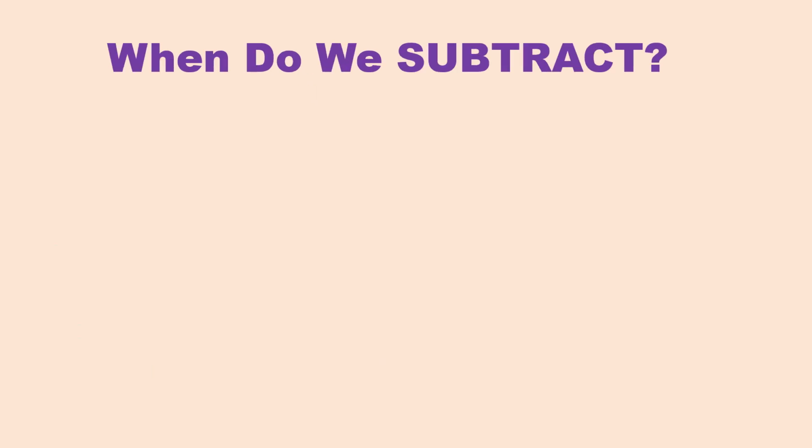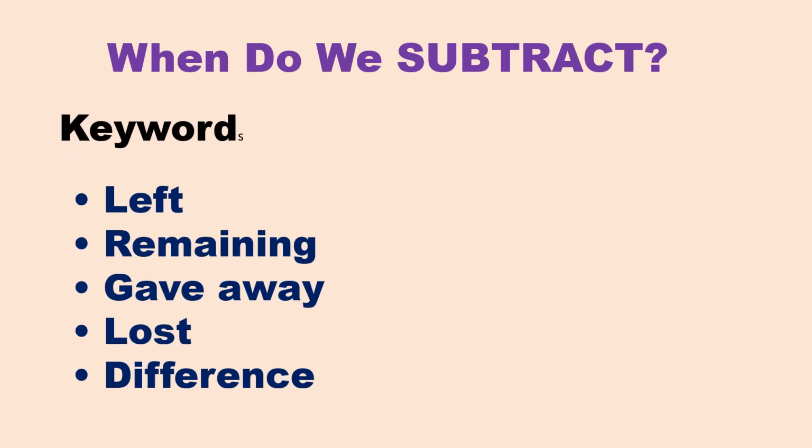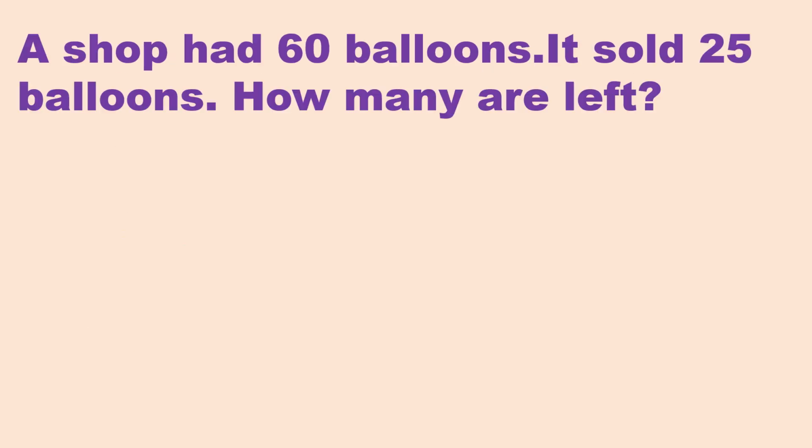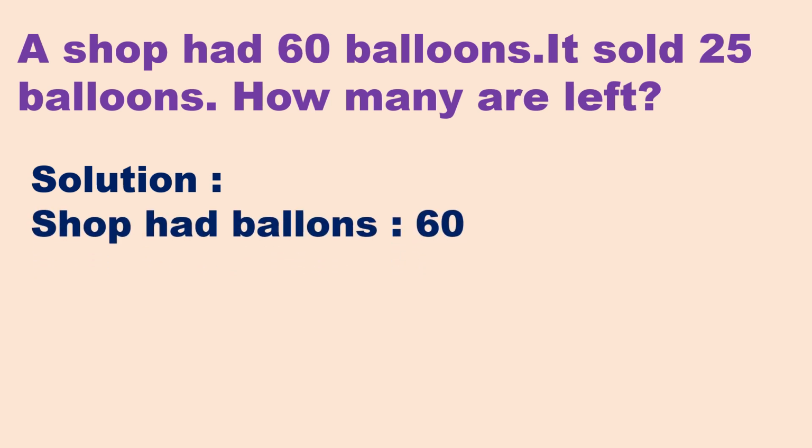So when do we subtract? We subtract when we see words like left, remaining, gave away, lost, or difference. Let's try one. A shop had 60 balloons. It sold 25 balloons. How many are left? So the shop has 60 balloons, okay?